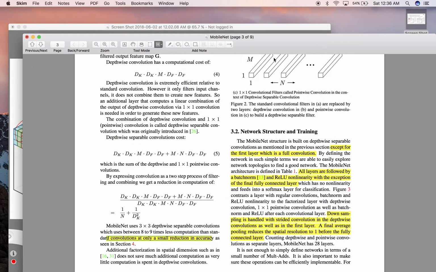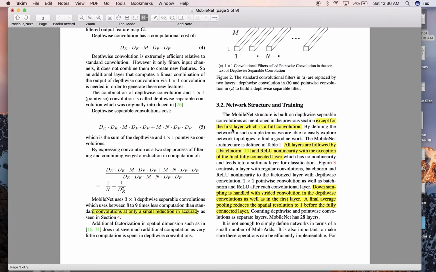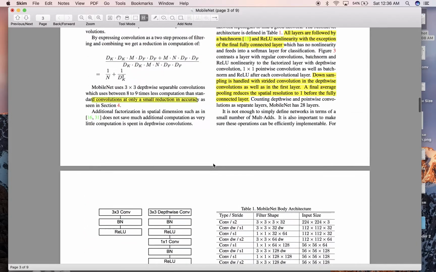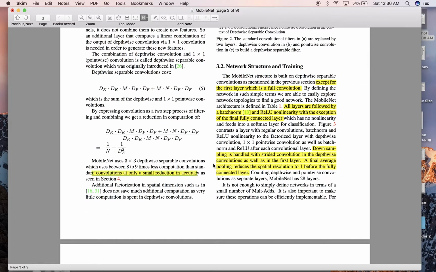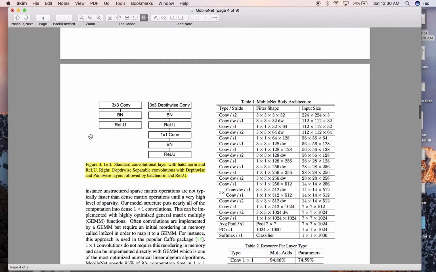So let's move on, go back to the paper. And all right, so now he just explains different parameters and different style choices that he made to get the best out of his model. So all layers are followed by a batch norm and ReLU. So in a regular convolution, normally you do the convolution and then you have a batch norm and ReLU.